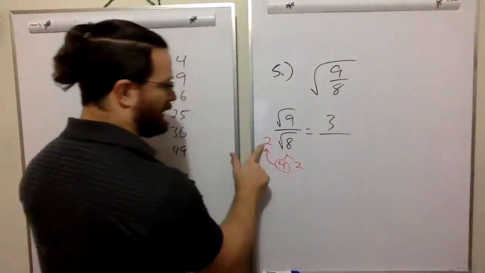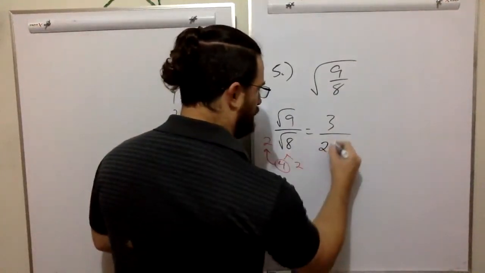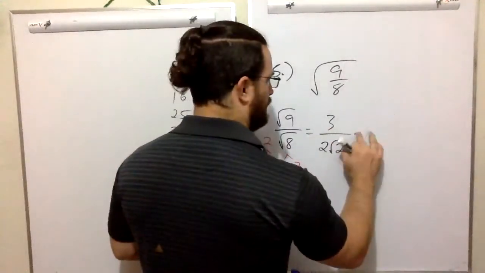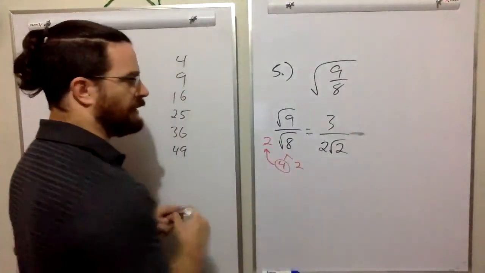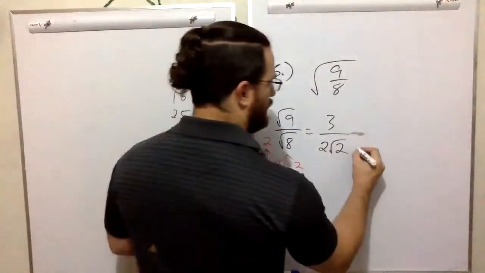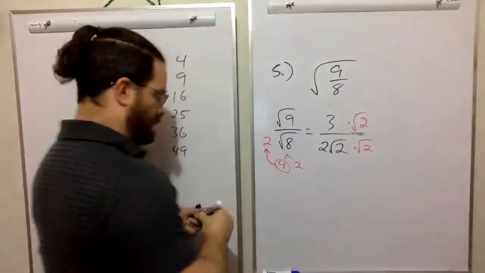So I'm going to have a 2 on the outside and a 2 on the inside. So this can give me 2 radical 2. After that, now I have to multiply top and bottom by radical 2 because I can't leave a radical in the denominator. So times radical 2 times radical 2.